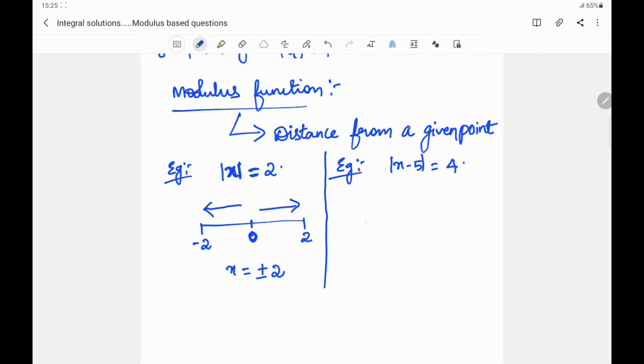Now it has been shifted to this particular point 5 comma 0. So x is at a distance of 4 units from this 5. So to the right hand side x will be at 9, to the left hand side x will be at 1. So what are the values x can take? 1 or 9.